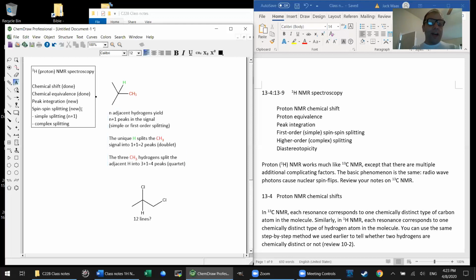Good, so spin-spin splitting, I've just mentioned, is another new feature of proton NMR spectra, and also peak integration is a new feature. Largely, peak integration doesn't work with carbon NMR spectra because they've been broadband decoupled so that you don't get any spin-spin splitting. So that also kills off peak integration as being helpful at all for knowing how many carbons there are in a given resonance.